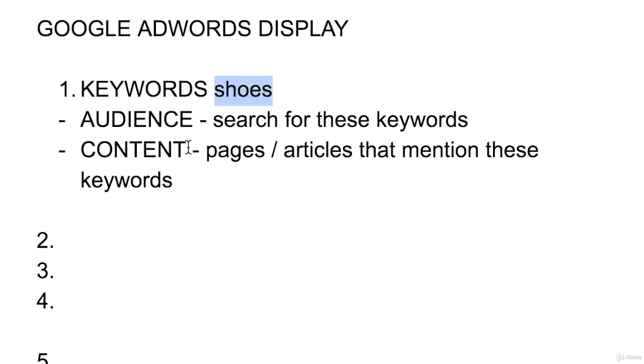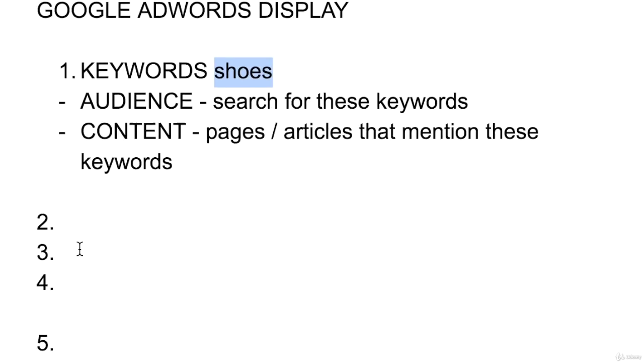So Google doesn't understand the context of the article. It just checks the keyword, and if the keyword is there, it puts your image ad next to that article. So be aware of this strategy. This is not always the right strategy for you. The audience option is good, but it's not the right option for every kind of campaign.